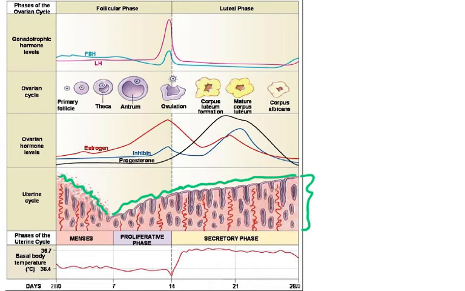And then I would like you to pause the video here and have a look at this and try to understand all the different phases, because this diagram is very, very self-explanatory.